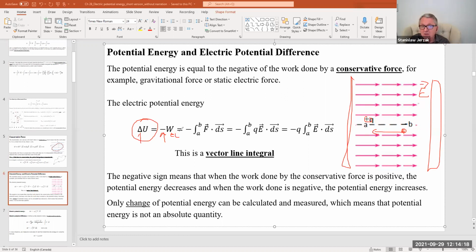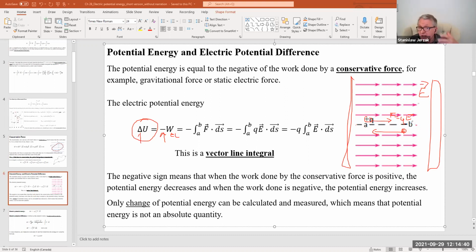So for example, in this case the charge is positive, the force acting on it will be F equals Q times E. That force will be in the direction of the electric field. That force will move the charge from point A to B. That force will do positive work.